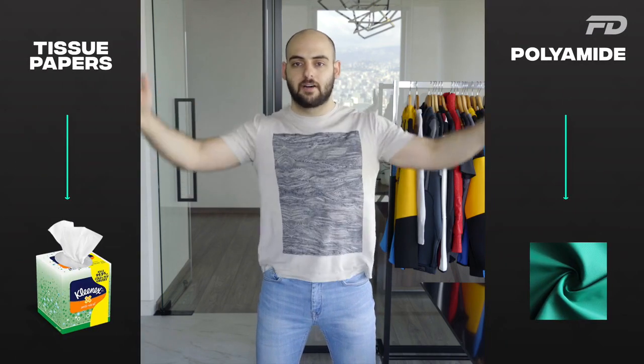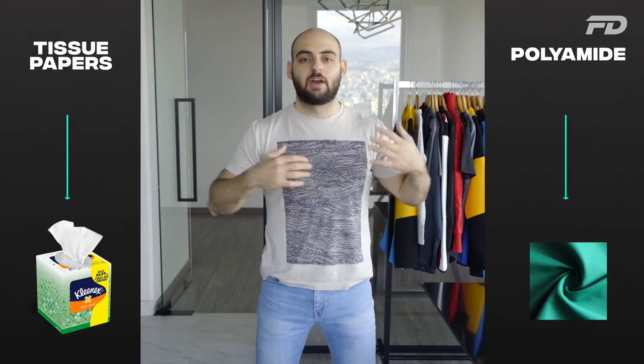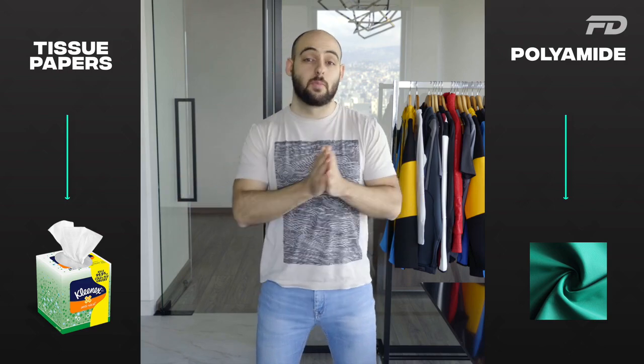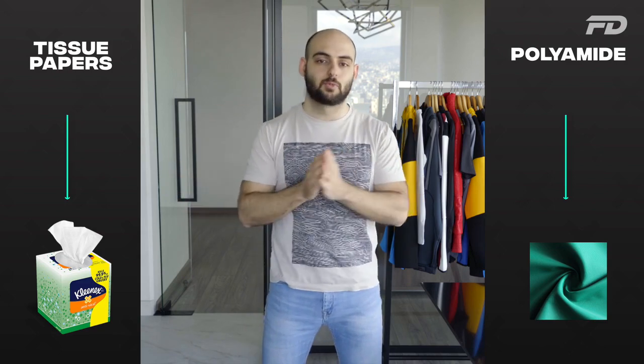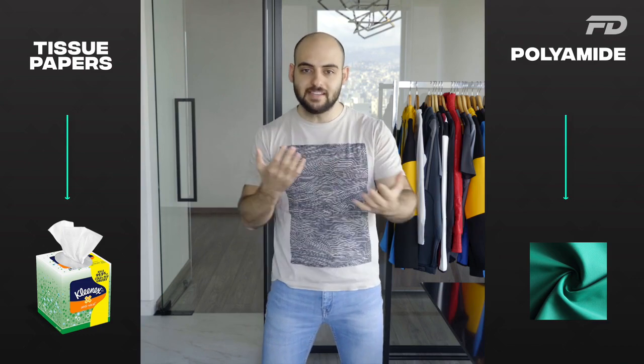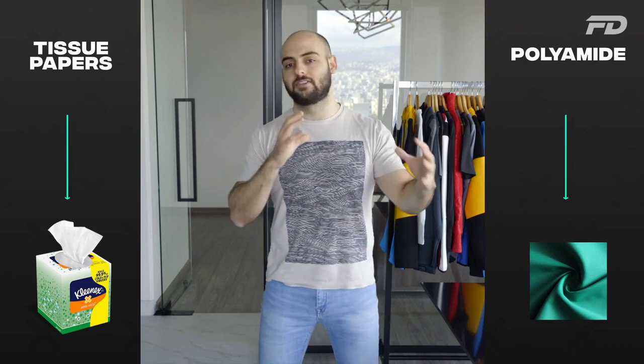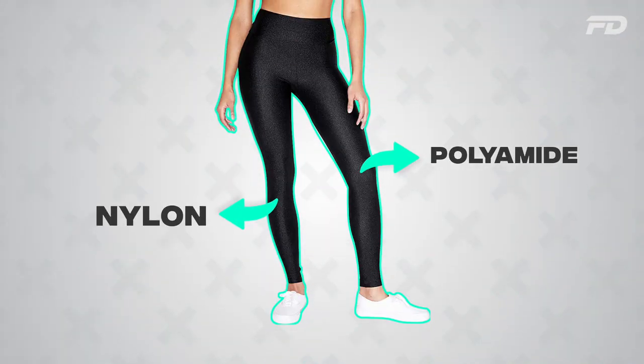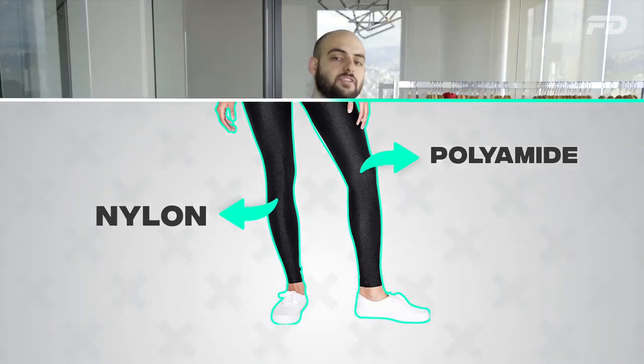Tissue is a wider variety. It's a family of this type of paper, and we call a lot of tissue papers, no matter what they are, Kleenex. It's a brand name for tissue paper. So that's the easiest way for me to relate the two. When you see a pair of leggings made out of polyamide fabric, know that that's essentially just another name for nylon. Nylon is a polyamide.